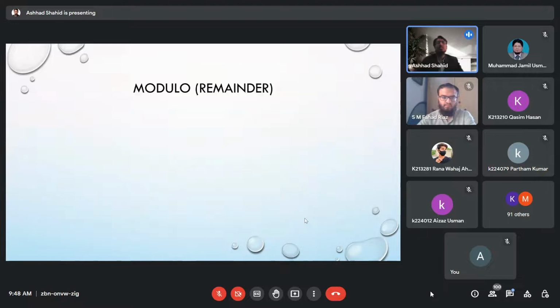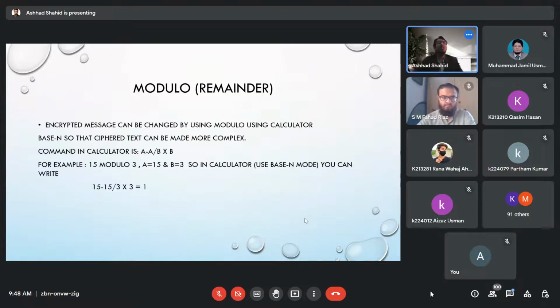There is another terminology you have to understand, the modulo. Either we use modulo or we don't, it's up to you. The example in the next slides is without modulo, but I understand that modulo has to be described for cryptography or encryption.